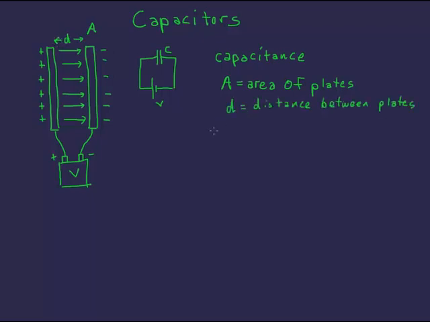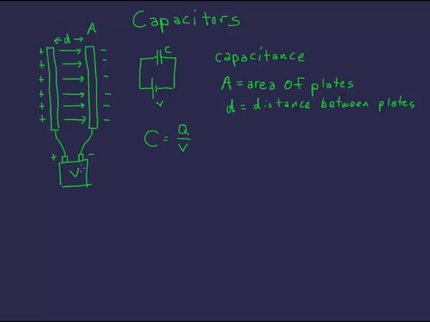Capacitance is a measure of how much charge a capacitor can store per volt. The reason it's per volt is because the stronger the battery is, in other words, the more volts it has, the more charge it can push out onto those plates.